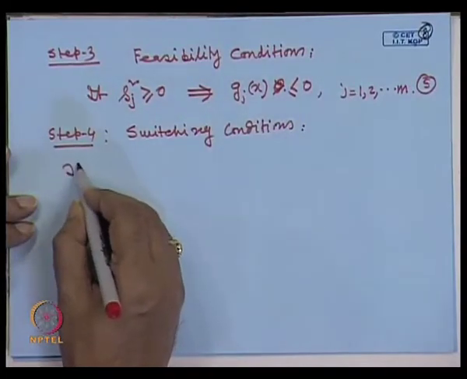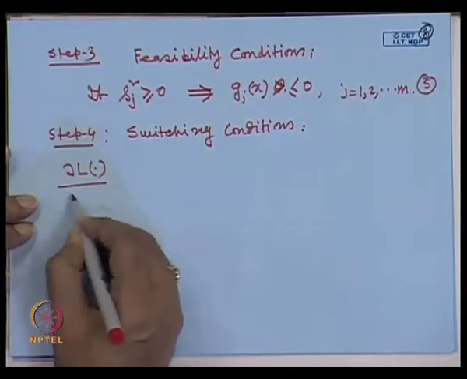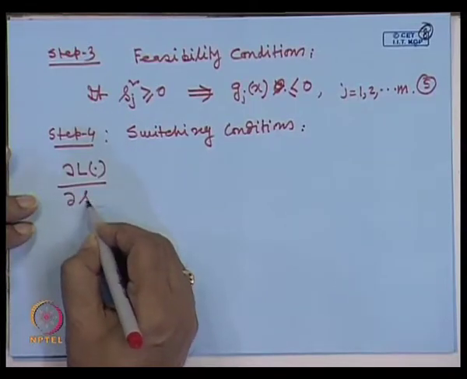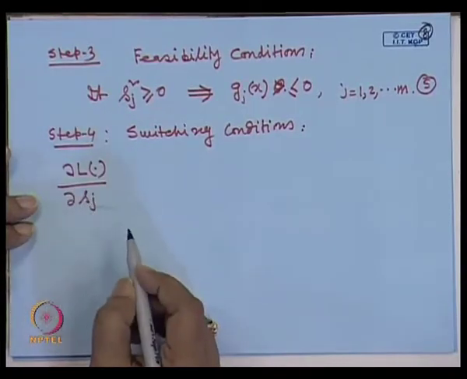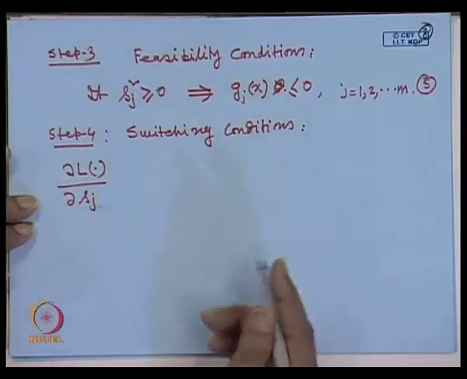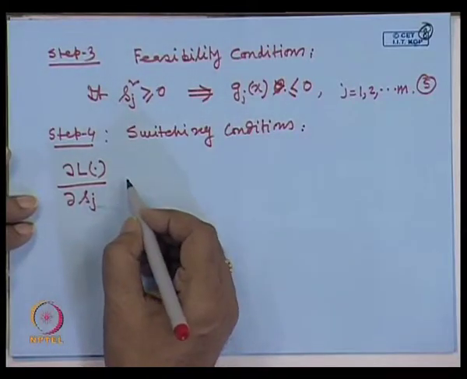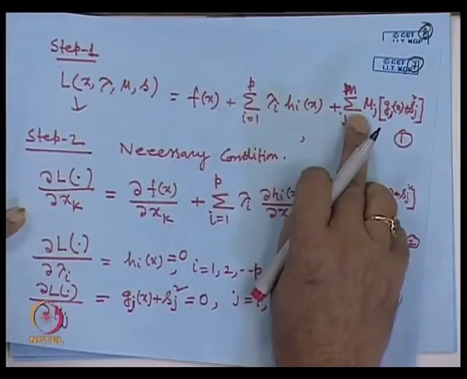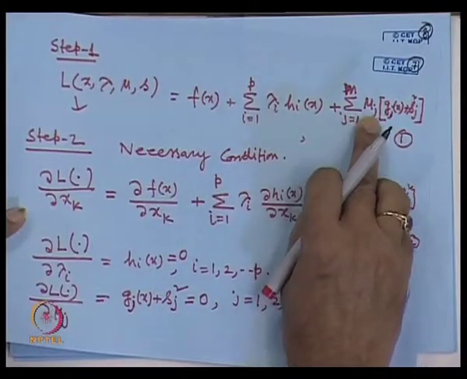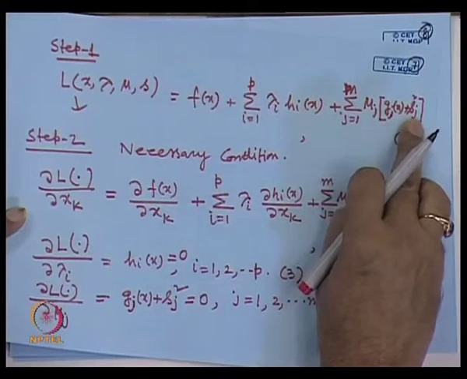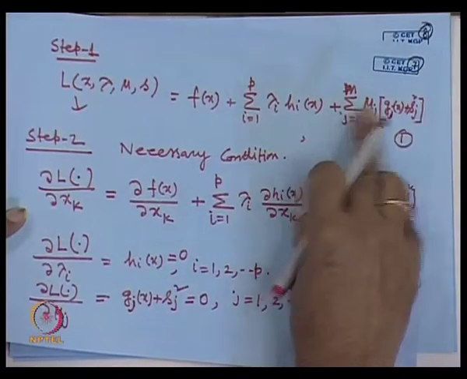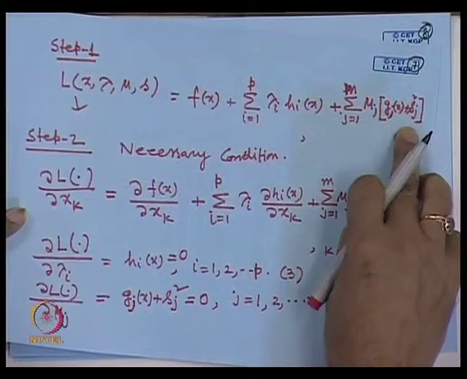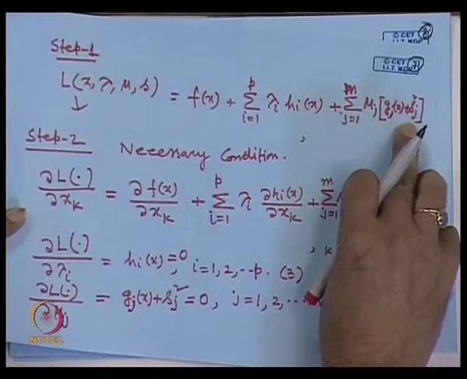Now, this condition is the differentiation with respect to x j, because L is a function of s variables also. This you have to assign. If you differentiate this with respect to s j, mu 1 g 1 plus s 1 square, you have to differentiate with respect to s j.